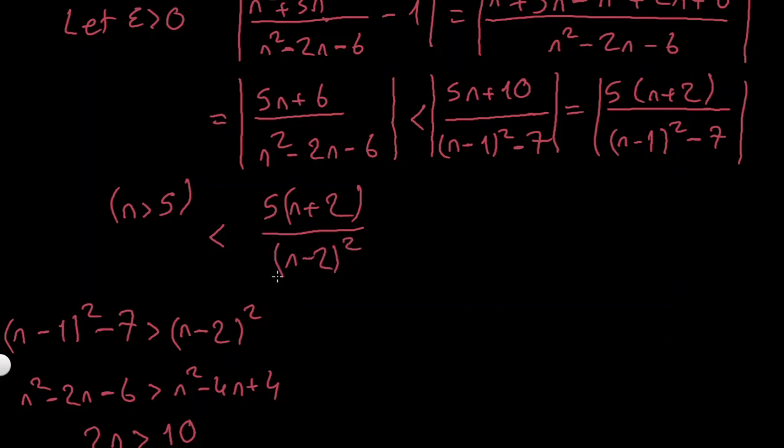Now everything is positive, because I said this is positive, so I can write it without absolute value. And now I can factor the lower part, 5(n plus 2) over (n minus 2)(n minus 2). Well, this is not so important.